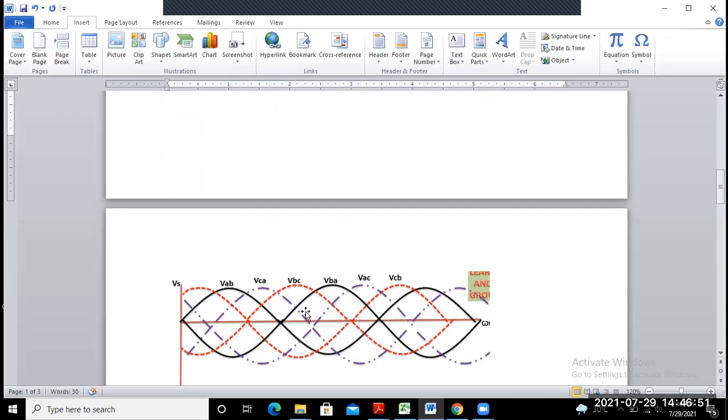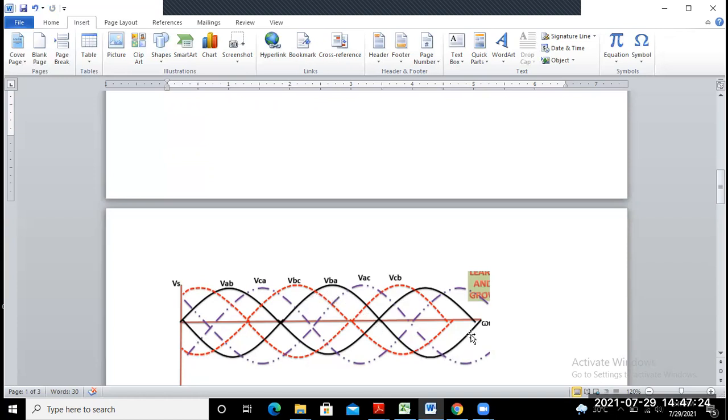If you want the line voltage VBA, that is the reverse of this one, so B is positive and A is negative. This one represents VAB and this one is your VBA. Just complete one cycle, starting from this point and extending up to this point.